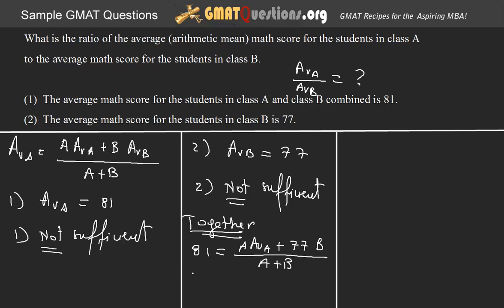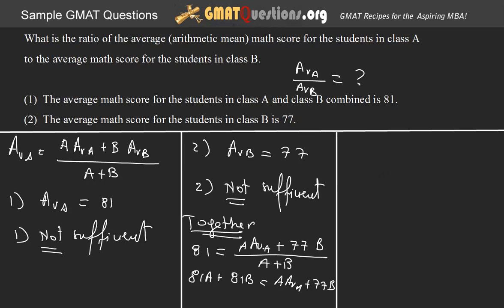And again, to convince you a little bit, we can go a little bit further by saying 81A plus 81B, because some of you may not see it, is equal to AVA plus 77B. What I did was a cross multiplication. In order to get the ratio, we need to have AVA times something equal to AVB times something else, if you know how ratio works.